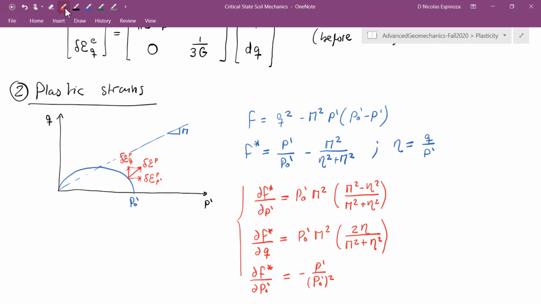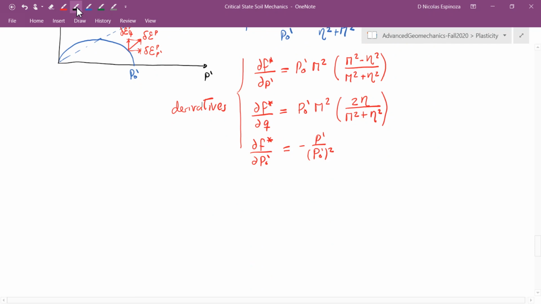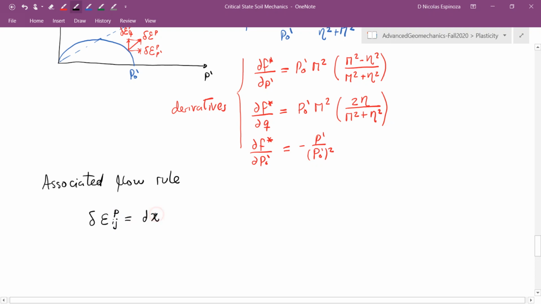And now that we have the derivatives, we can start applying the flow rule and we can calculate the plastic strains. All right, so let me do this. We're going to use, in this case, the associated flow rule. And for the associated flow rule, we just basically use the yield surface as our function to calculate the plastic strains.